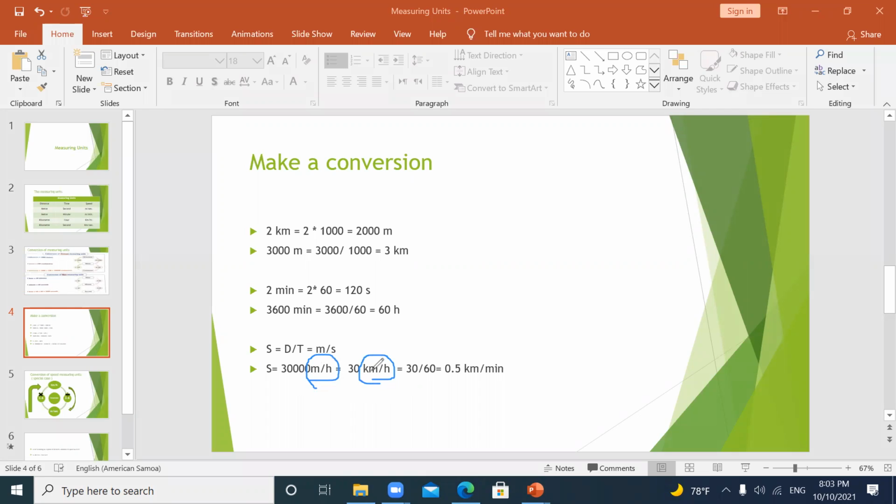And as we agreed, from meter to kilometer, usually we divide by 1000. So it will equal 30,000, sorry, it's 30,000 meters divided by 1000 to convert it to kilometers.